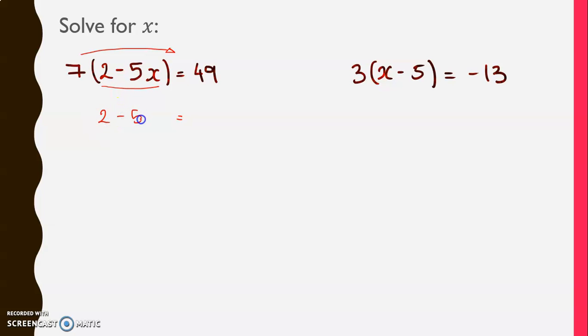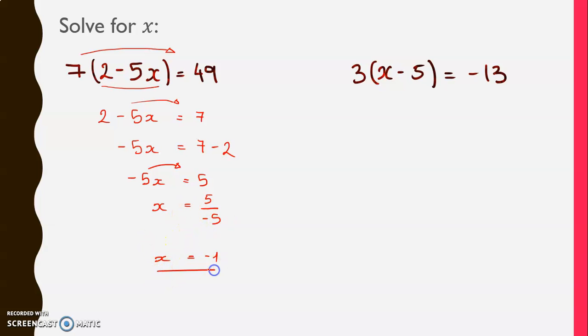So therefore 2 minus 5x equals 49 divided by 7, which is 7. Now minus 5x equals 7. Be careful, here we have plus 2, so when we move it to the other side it's going to be minus 2, so minus 5x equals 5, and then we have x times minus 5, so when we move this minus 5 to the other side it's going to be 5 divided by negative 5, which is actually minus 1.